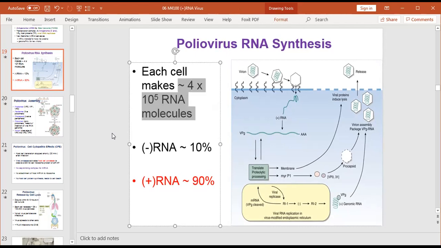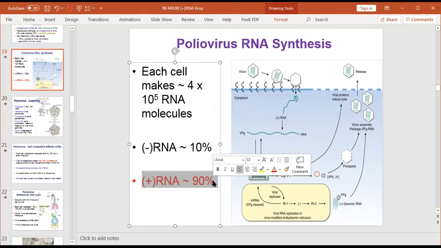So about 400,000 molecules. And of these, about 10% are negative sense and 90% are positive sense RNA, for the two reasons that I mentioned in the previous slide.